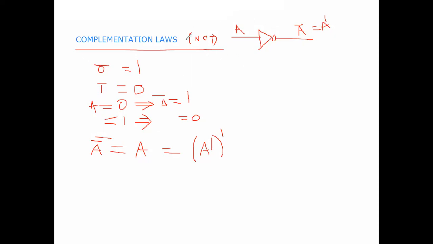That means depending on the NOT gate, we are getting these laws. Okay? So we know the truth table also. That is A bar. If A has two combinations, only one input is there, so two combinations 0, 1. If A is 0, A bar is 1. If A is 1, A bar is 0. Do you understand this?